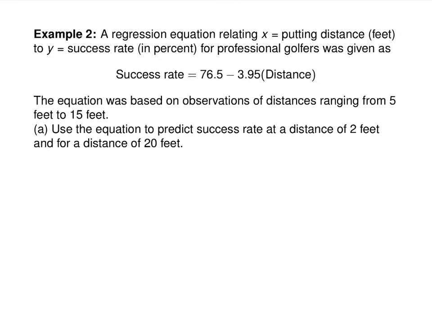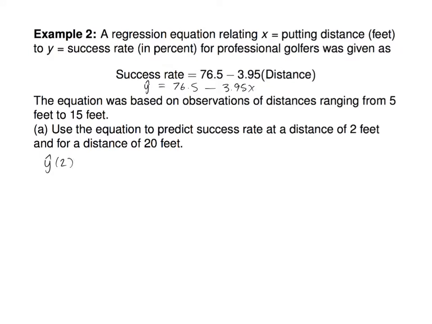An x value outside of 5 to 15 is extrapolation. We're going to use this equation to figure out the success rate at a distance of 2 feet and 20 feet. Your book uses y hat, which is 76.5 minus 3.95x.